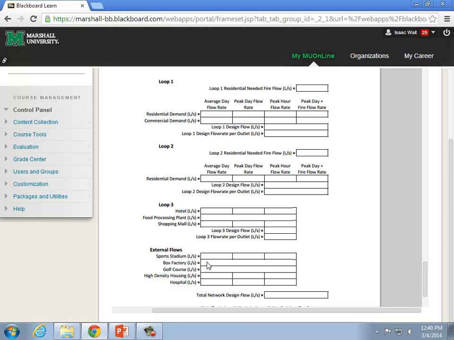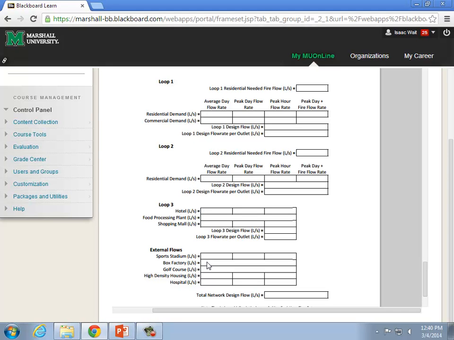Let's take, for example, here the food processing plant. You don't apply any peaking factors to the food processing plant because either the food processing plant is in operation, people are there and doing their work, or it's not. It's on or it's off. And so the flow rate is just going to be, you assume that they're in operation when this critical event occurs.